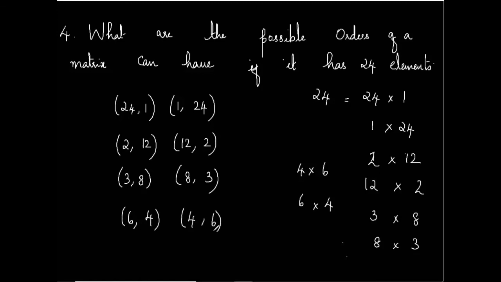See, in all these ordered pairs, the first element represents the number of rows and the second element represents the number of columns. So when you multiply the number of rows by the number of columns, we will get the total number of elements of this matrix, that is 24 here in each of these cases. So here we have 8 possibilities.